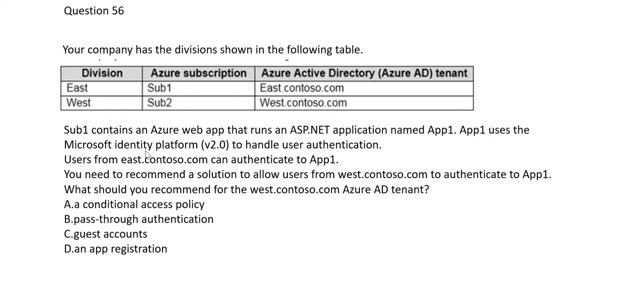That is not important. Now all users from the East tenant can authenticate to this app.